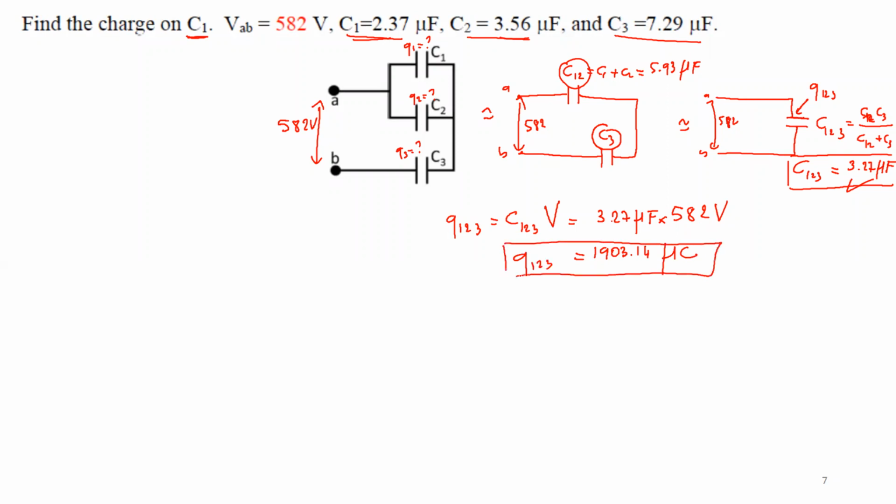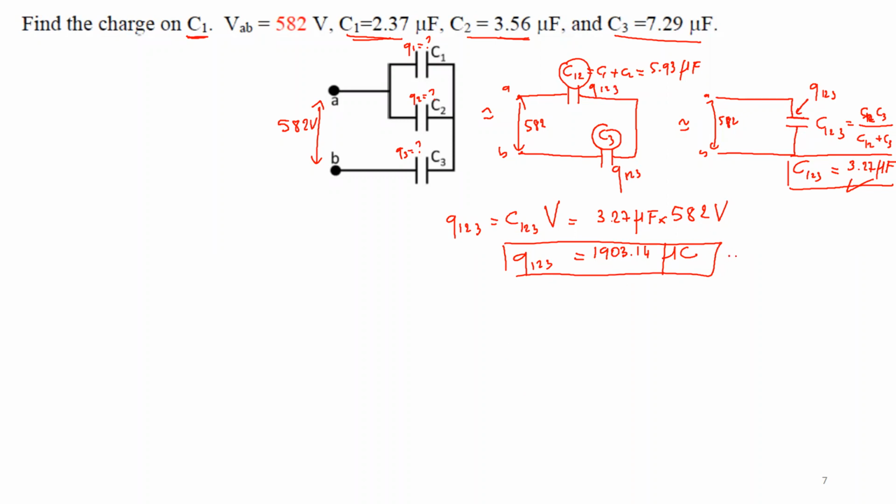But still, that's not what I want. Okay. Here I know Q123. So what does it mean? That means here I know Q123 comes from the combination of C3 and C12. So basically, this is Q123, and this is also Q123. You get my point?